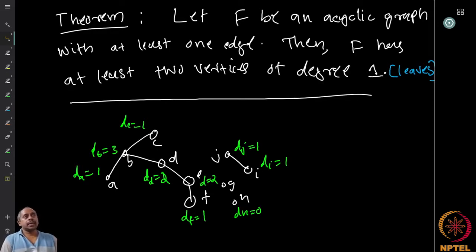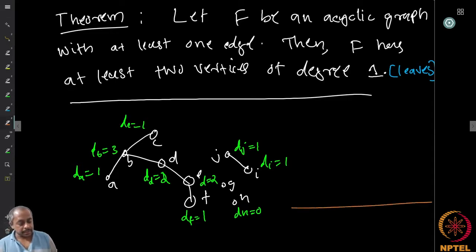We already looked at this kind of extremal question. So take any non-trivial component of the forest, and then consider a maximum length path in it, whatever the longest path is.